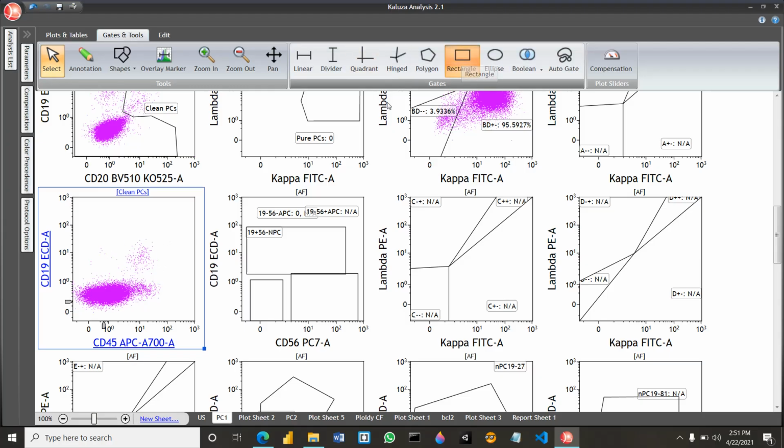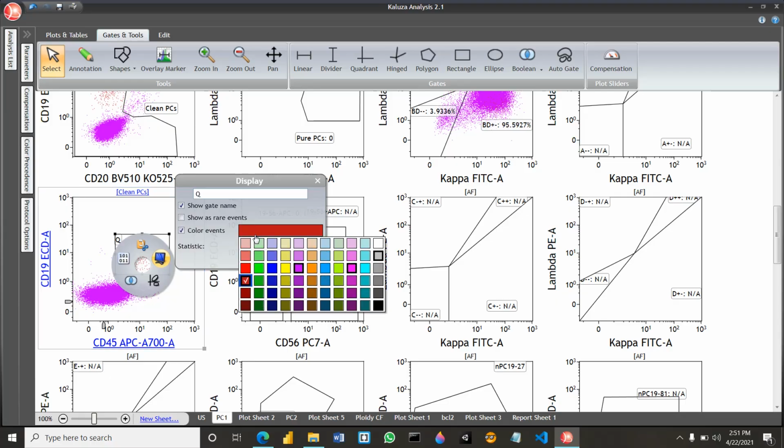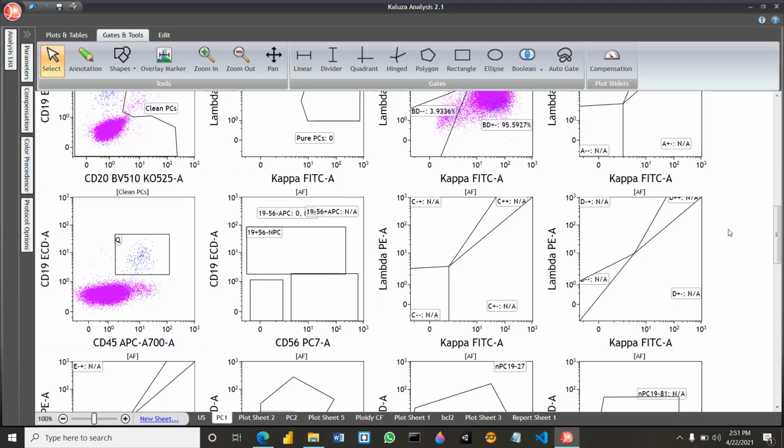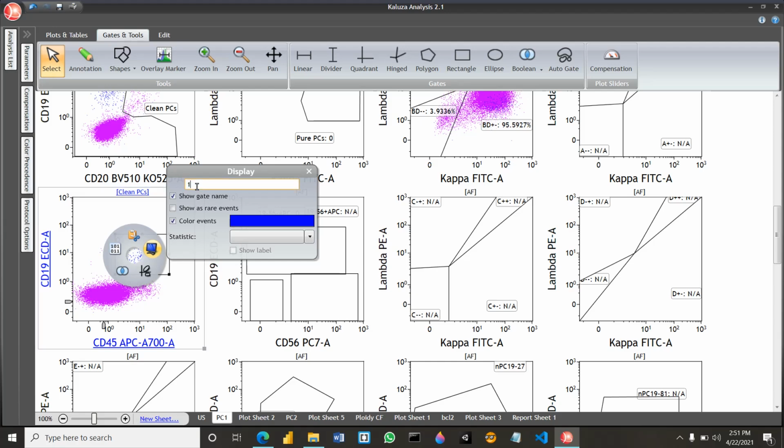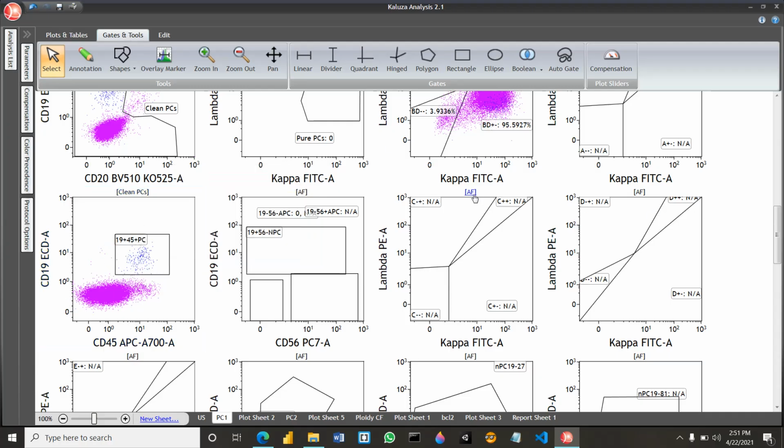So we can take this population and check its clonality, whether it is normal or polyclonal, and the rest of the population also, to check whether those are clonal or not. So if we take these, we can label them as 19 positive, 45 positive plasma cells, and look at their clonality.